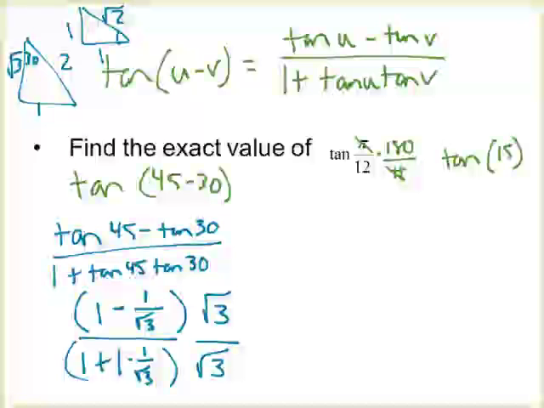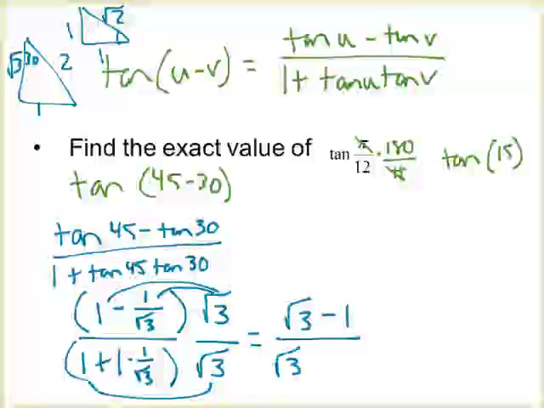Anything over itself is 1. So on the top, we're going to distribute through, and that will give me the square root of 3 minus 1 over, on the bottom, the square root of 3 plus 1. And nothing cancels there, even though they look a whole lot alike. Since one of them's subtracting, one of them's adding, nothing cancels there. So that would be our final answer.